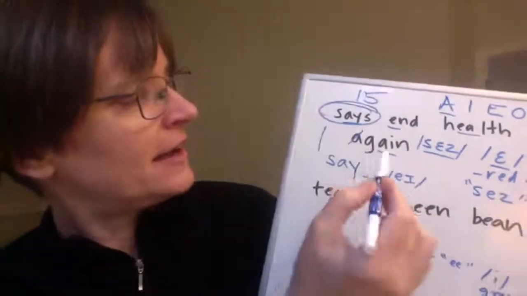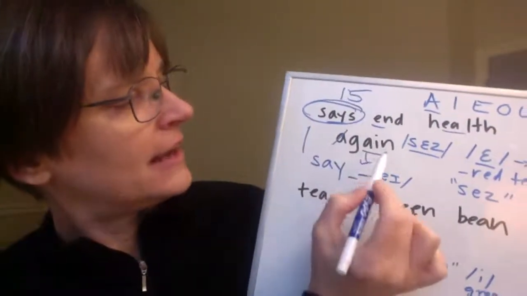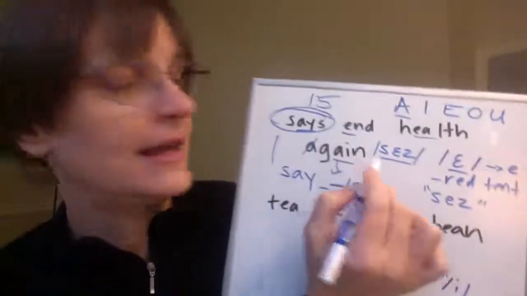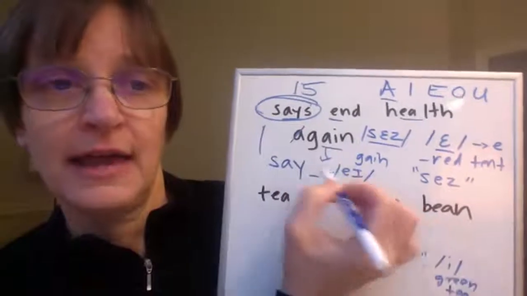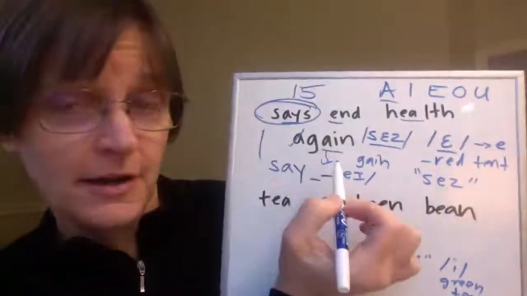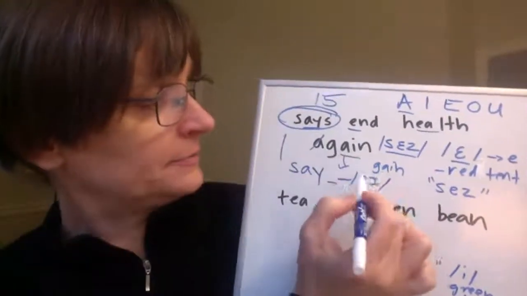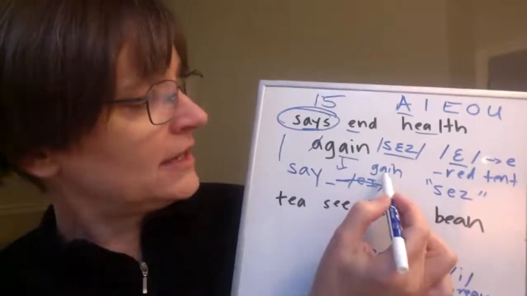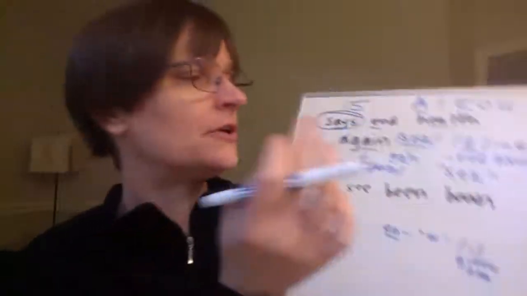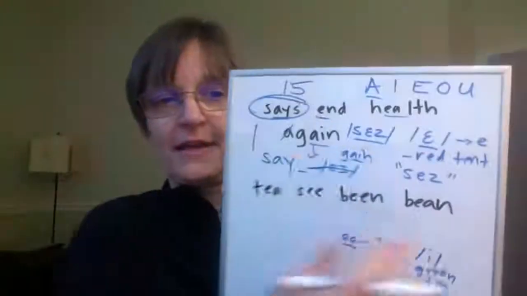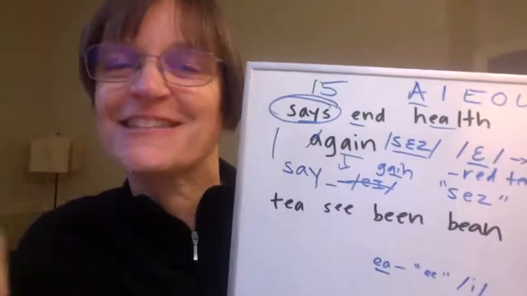Same with AI. And again, here's another word where if I see the word gain, I might think, oh, vowel A, gain, again. But instead, in American English, we'll say again. We don't use the A vowel, even though AI typically will be that vowel sound. We say again.